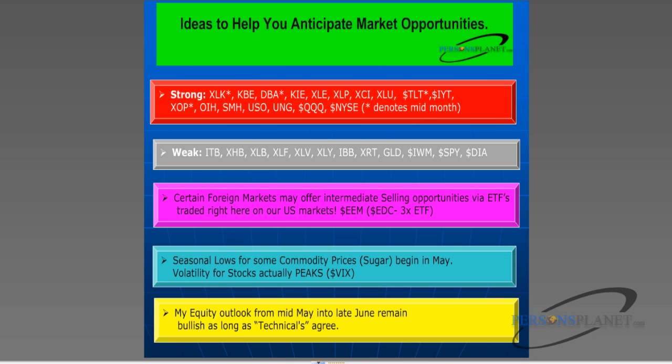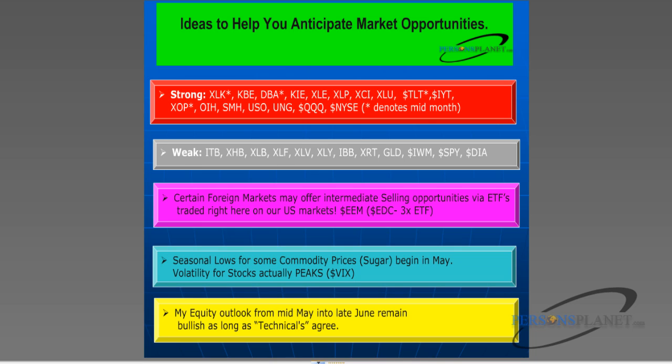And the key is, what type of technical tools should we be using in this newfound millennium environment? I still think seasonal analysis is a very strong tool, but I always teach technical analysis supersedes seasonal analysis because not all years are the same.